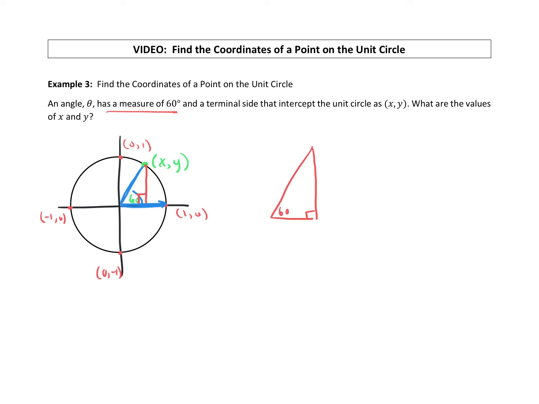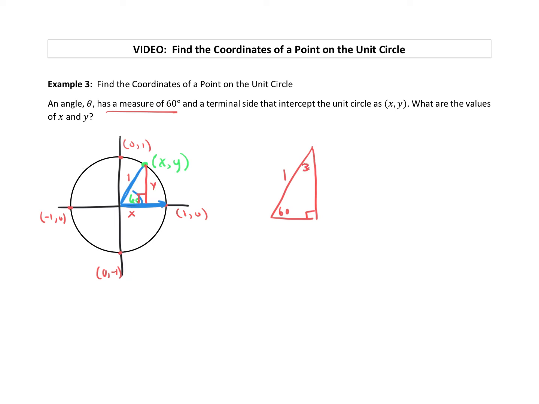This is 60 degrees. We know that this is x, this is y. And we also know that because we're on the unit circle, the radius is 1, so the hypotenuse of our triangle is 1. Well, if this angle is 60 degrees, this is a 30, 60, 90 triangle.